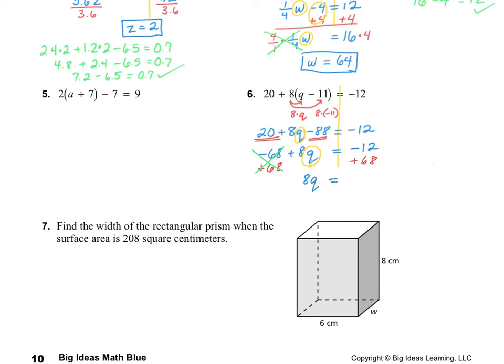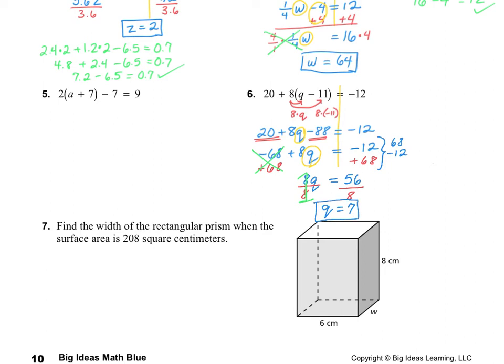Now this negative 12 plus 68 is the same as 68 minus 12. And 68 minus 12 is 56. Last step, 8 is being multiplied by Q, so we need to divide it out. And when I do that, the 8's cancel, and I'm left with Q is equal to 7.